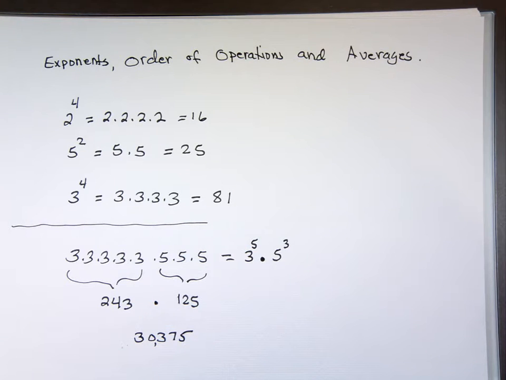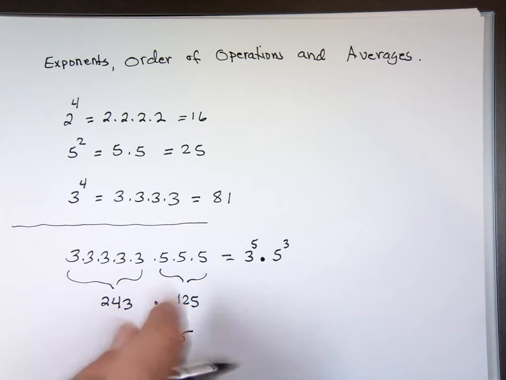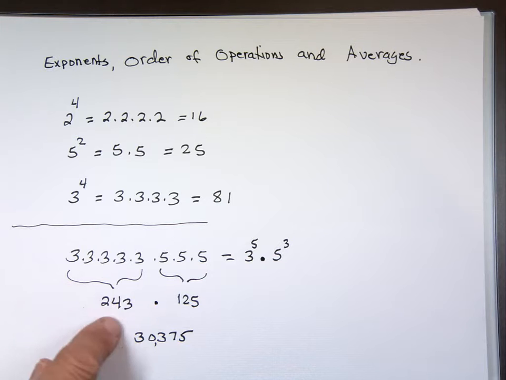So if you want to simplify, that's the only thing you can do. But you can't go, that's something else. You multiply the 3's, you get one number, multiply the 5's, get a number, then multiply the two answers to get your answer.